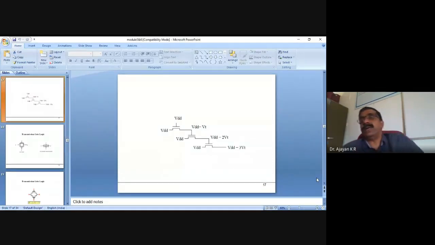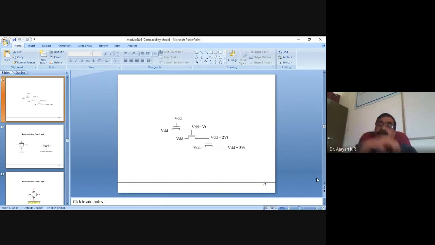I told what is the criteria that we are using for fixing VDD and VT: VDD is most of the time 2 to 4 times VT. So VDD minus 3 VT means approximately output will be treated as zero itself.